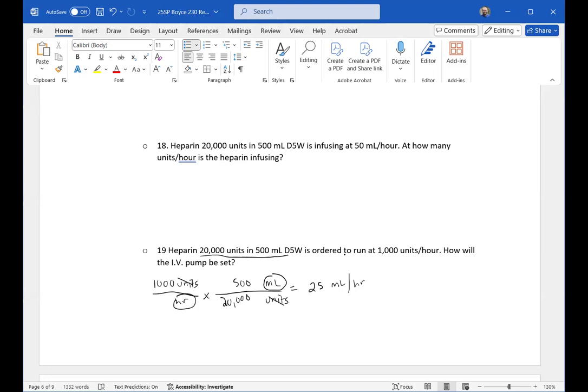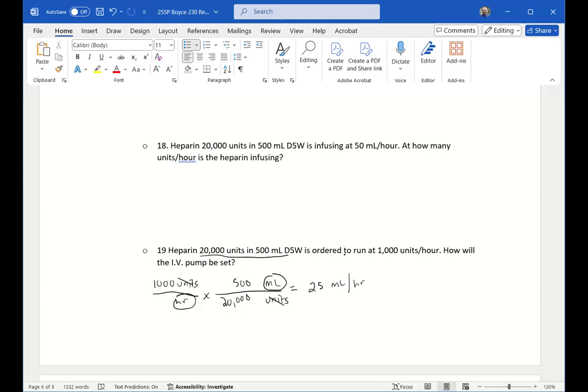In number 18, we get the same information, 20,000 units of heparin, 500 milliliters, but they're telling me that the infusion is running at 50 milliliters per hour, and they want to know what it would be in units per hour. This is just helping you see that there are different ways in practice of doing these conversions.